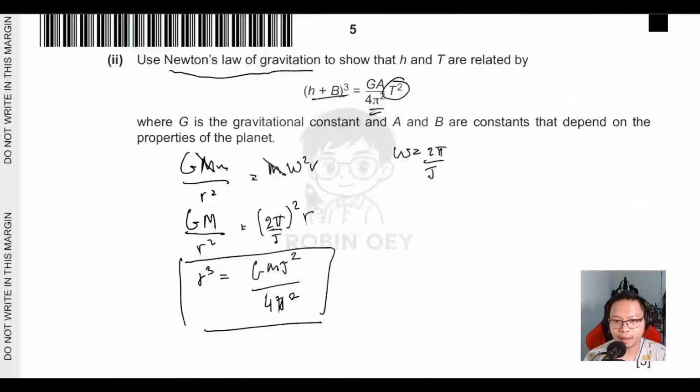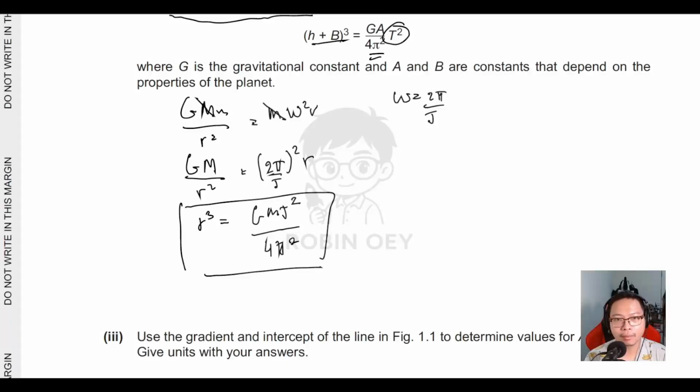So in this case, h plus b, because it is similar to the form that we just got. So h plus b cubed equals distance cubed. Distance from where? From the center of the planet. So if h is the height from the surface, then b would be the radius of the planet. So from here we know that b is the radius of the planet.